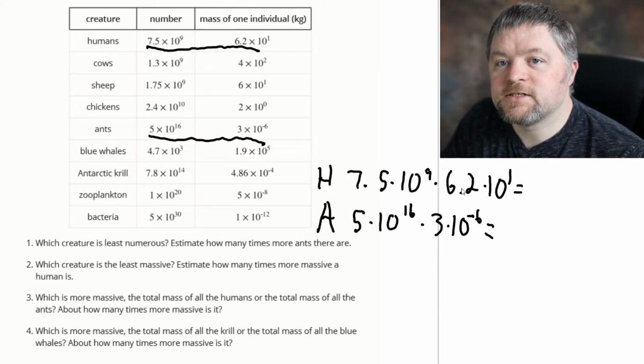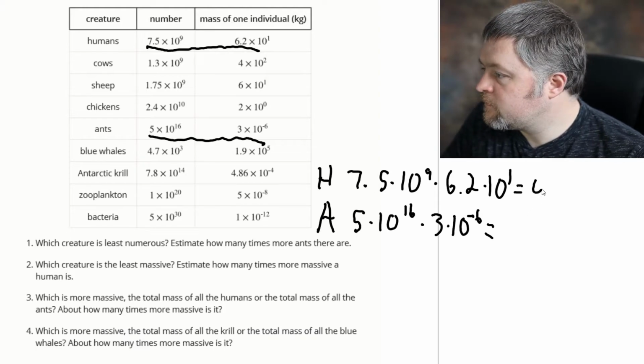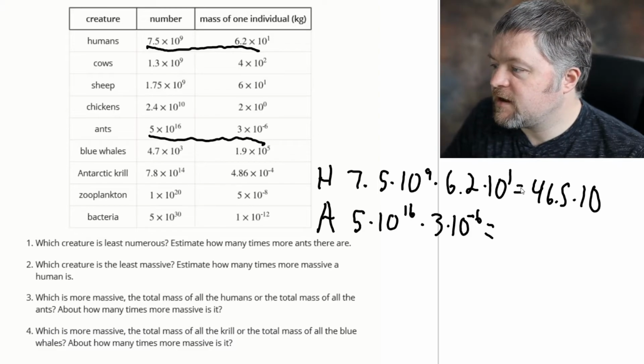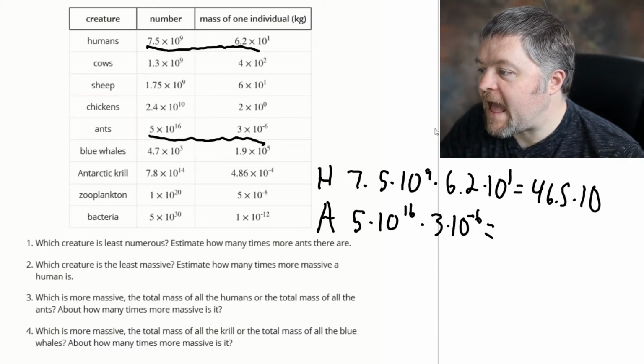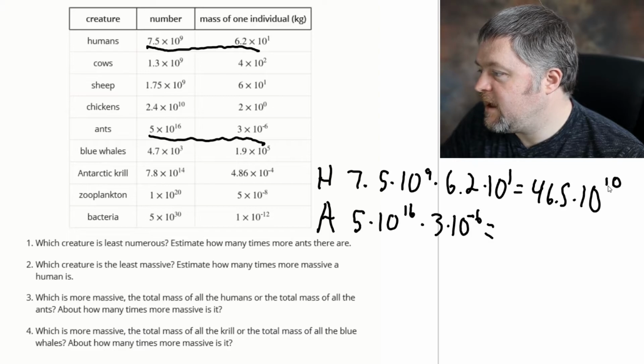7.5 times 6.2 is 46.5 times 10 to the power of, when we're multiplying, we add the exponents. 9 plus 1 is 10.